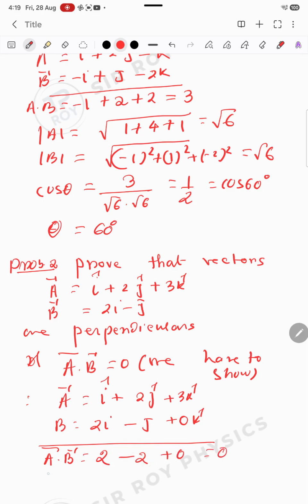If the dot product is 0, that means A is perpendicular to B. So if two vectors are given, then you take the dot product. If the dot product becomes 0, then you conclude that the two vectors are perpendicular.